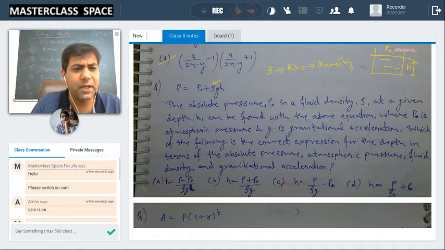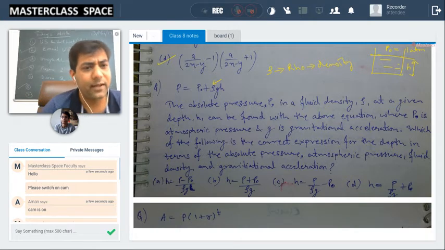You know what the atmospheric pressure is? How much is the atmospheric pressure? 1 atm. In pascals, how much? 101,325, about 10 to the power 5 pascals.